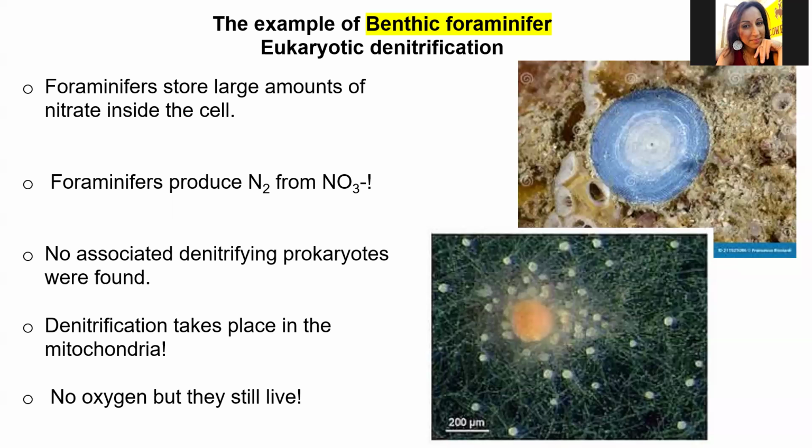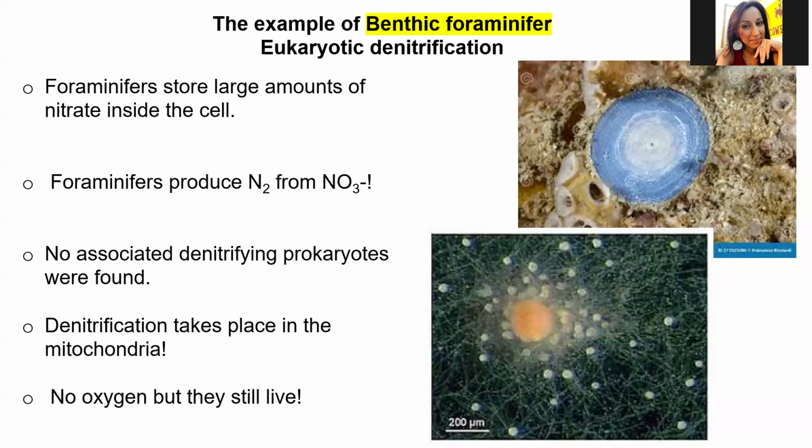Imagine where denitrification is happening, even if it's not written on the slide: it happens in mitochondria. Even though there are no known denitrifying organisms living there, basically mitochondria are bacteria. They were ingested long ago with endosymbiosis. But that's where denitrification is happening in this benthic foraminifera.